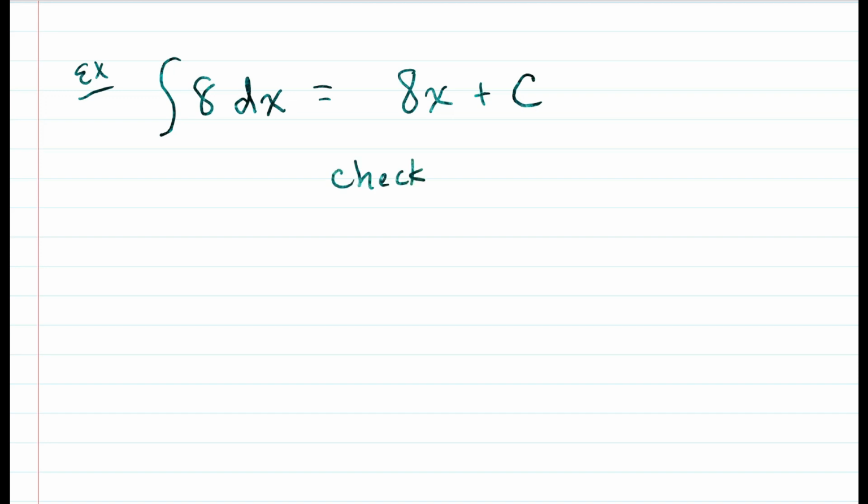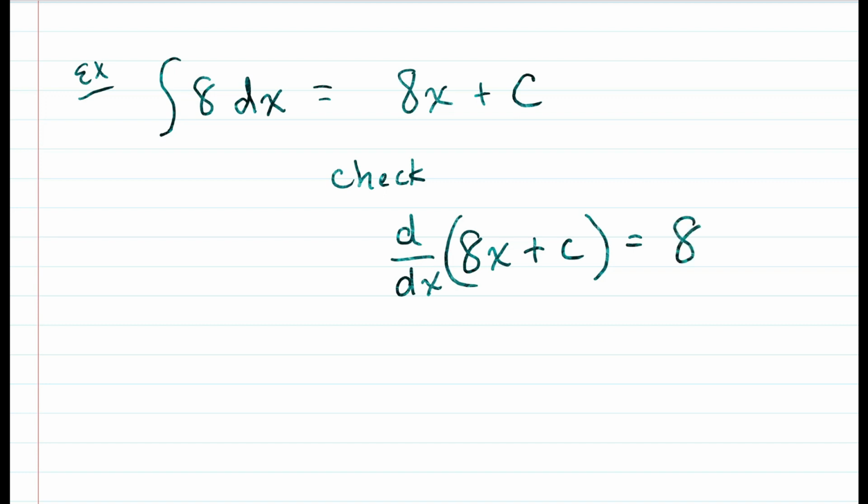Well, we said to be the antiderivative, if we take the derivative of it, so we take the derivative of 8x plus c, what do we get? Well, the derivative of 8x is 8. The derivative of some constant, any number, is 0. So 8 plus 0 is 8, which is what we have here.